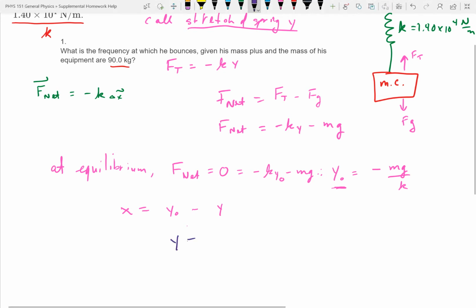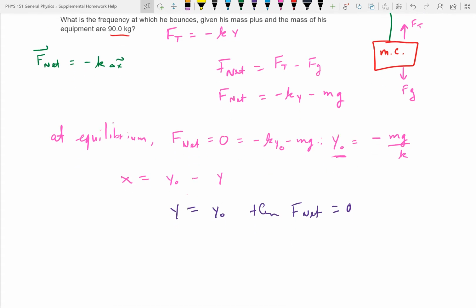So if y is equal to y naught, then f net equals 0, right? That's what we just found up here. That was the definition of y naught. And then I want my x to be equal to y naught minus y.